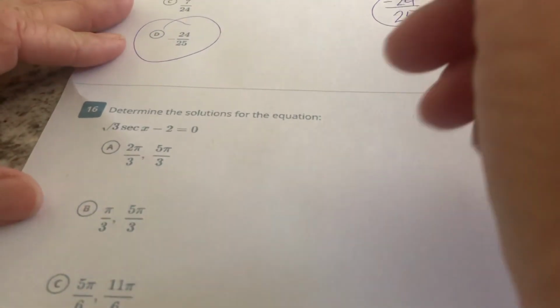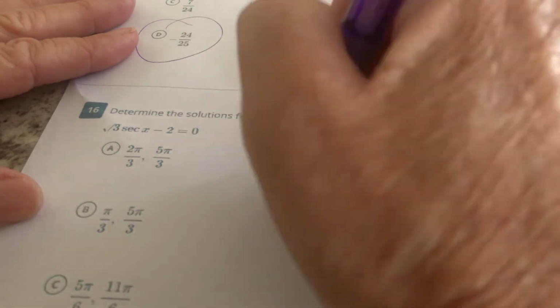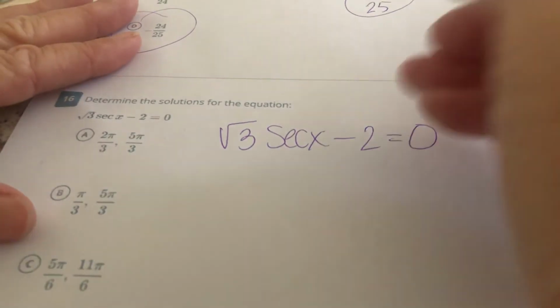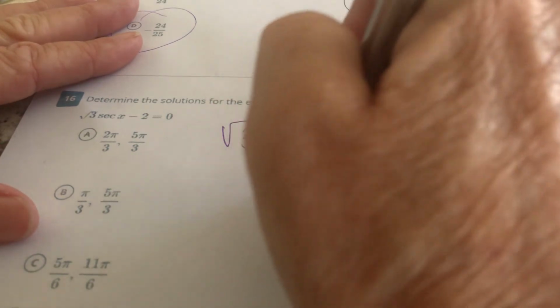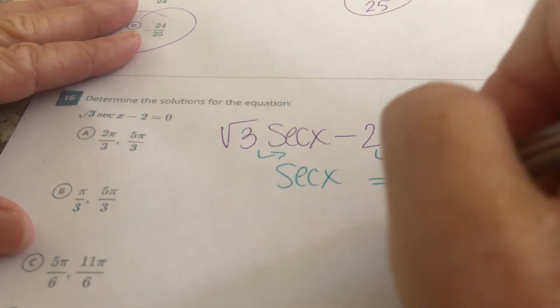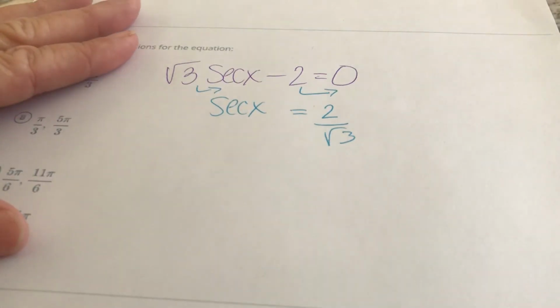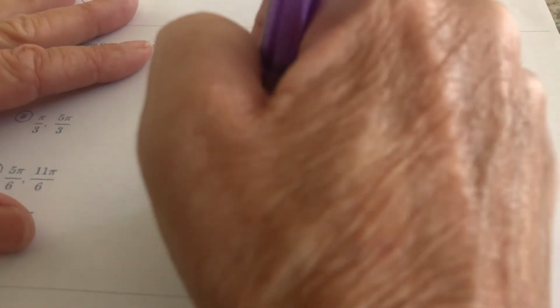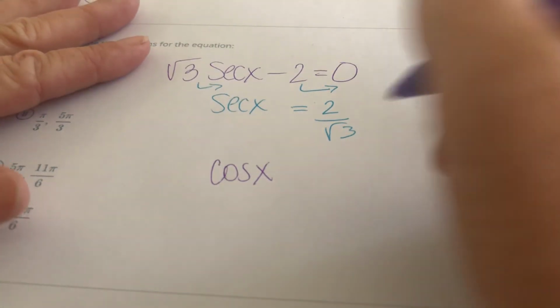Number 16, we're going to solve square root of 3 secant of x minus 2 equals 0. We're going to get secant of x by itself. So we're going to add the 2 over, and we're going to divide by that square root of 3. Again, I don't like doing secants or cosecants or cotangents, so I'm going to switch to the reciprocal, which is cosine.